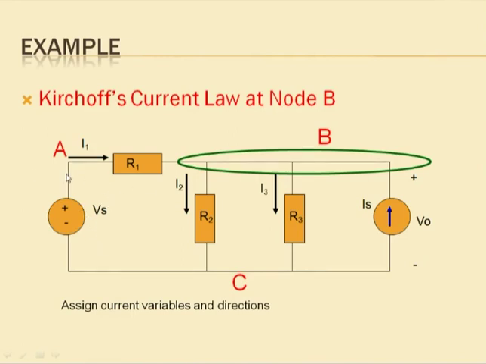Now suppose here we have identified the 3 nodes as we already discussed, A, B and C. Now at particularly node B we are having the outgoing currents, say this is my I2 current, this is my I3 current, and 2 incoming currents, that is the current I1 is coming to the node B and current IS is also entering to the node B. Again I would like to repeat that all this portion displayed inside this green circle is considered as the node B. Okay.